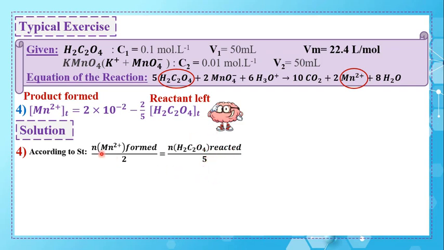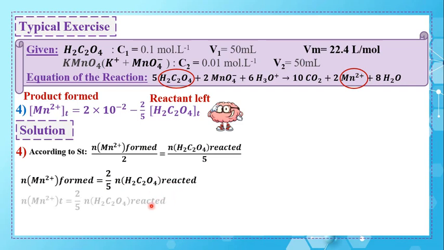But before, let's write here N of Mn2 plus formed alone. So the 2 will be here next to the number of mole of H2C2O4. So the number of mole of Mn2 plus formed will be equal to 2 over 5, the number of mole of H2C2O4 reacted. Instead of Mn2 plus formed, I can put T, since it is a product, remember this.